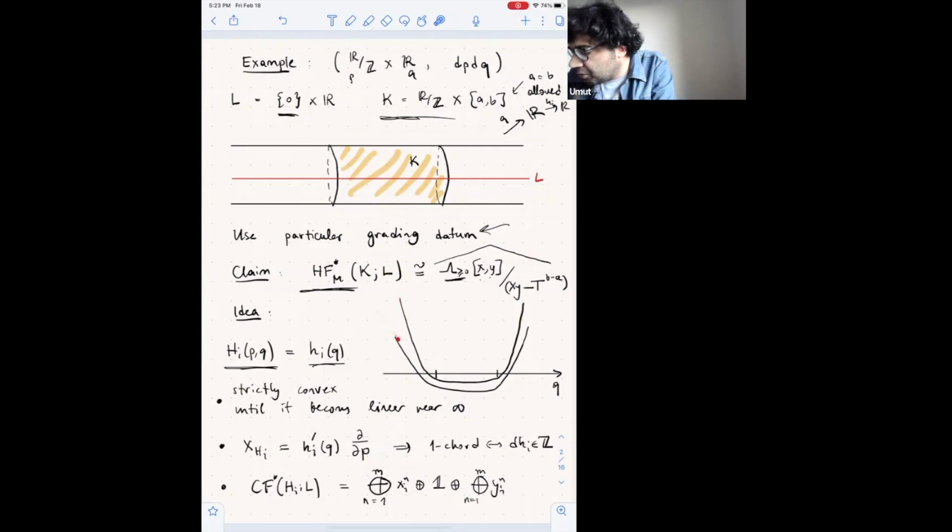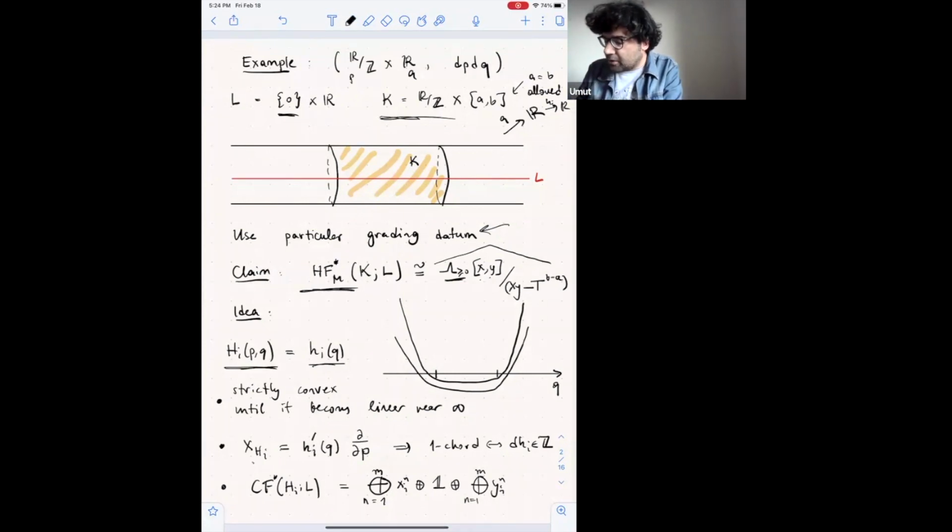They're just linear in the Q variable in these regions, so it's convex everywhere and strictly convex until it becomes linear. Okay, and the slope of linearity is supposed to be an irrational number. Okay, so now I'm going to use acceleration data like this.